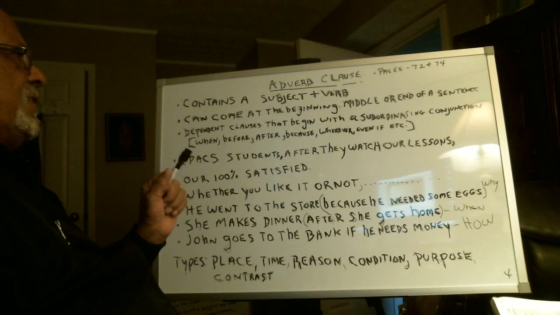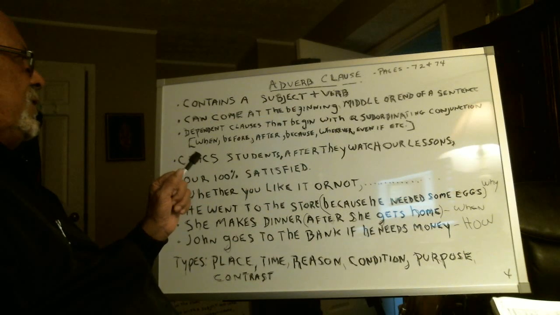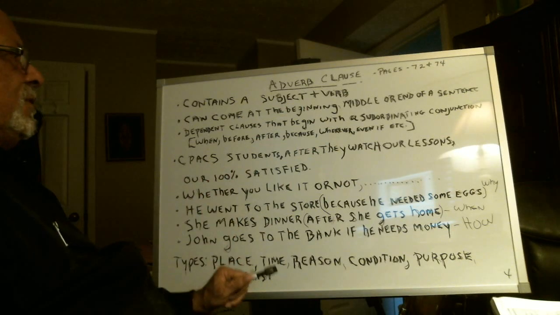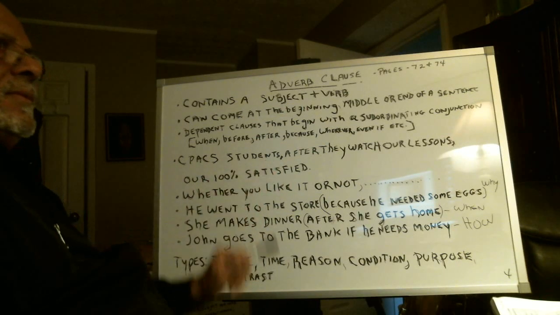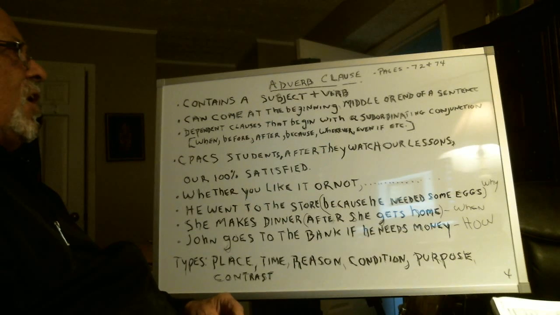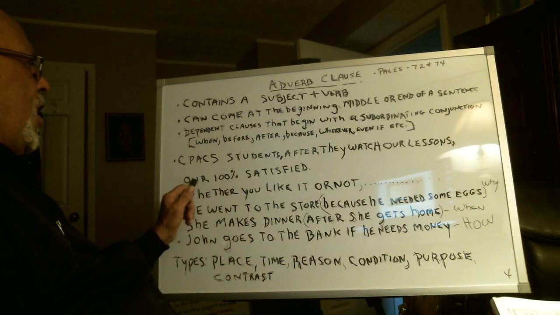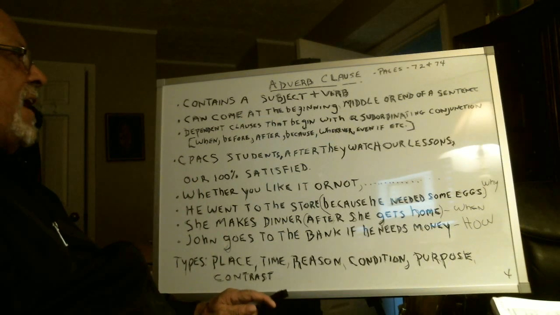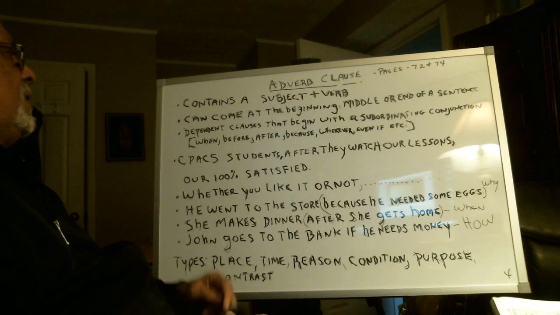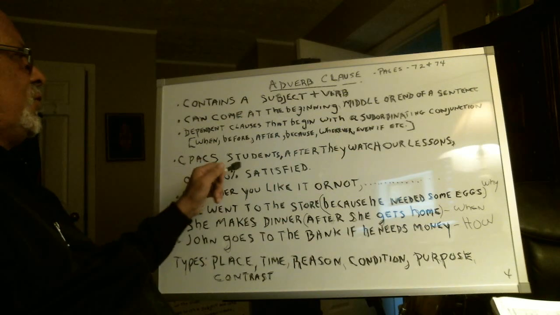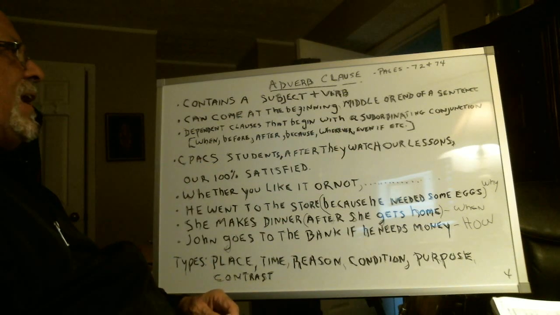So let me give you a sentence. Let's look at this. CPAC students, comma, after they watch our lessons, comma, are 100% satisfied. I'll say it again. CPAC's students, after they watch our lessons, are 100% satisfied.